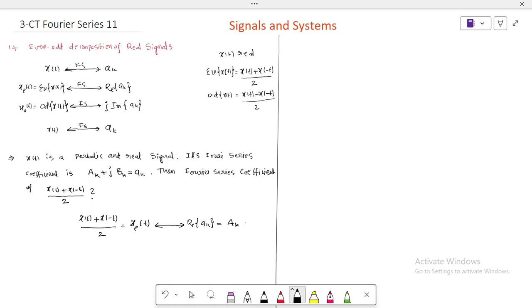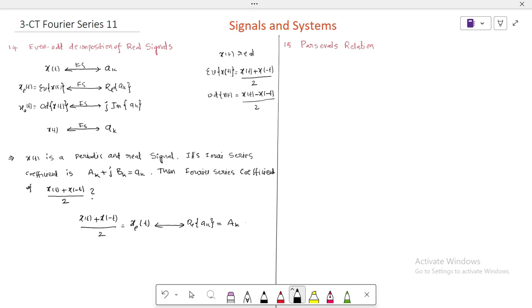To remember this concept, think of power in the time and frequency domain.